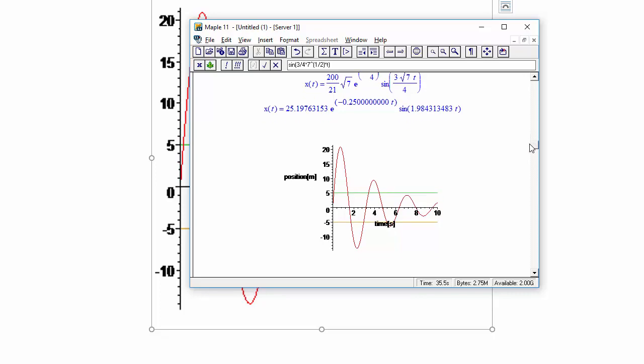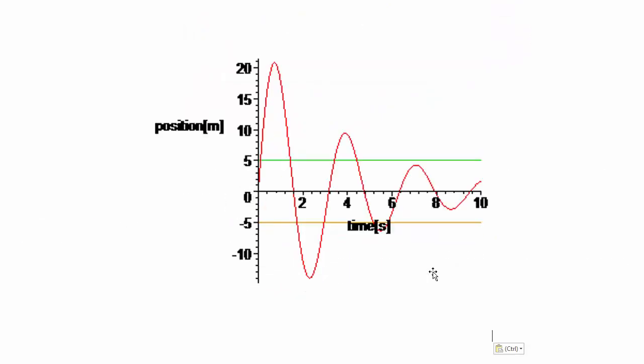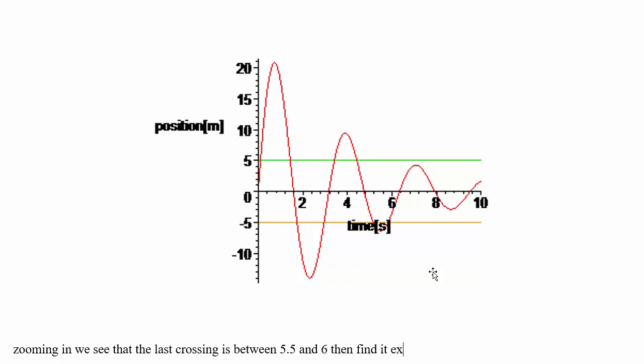So yeah, then what we want to do is say that we've got this there. We can replace that with this plot and say, zooming in, we see that the last crossing is between 5.5 and 6. So then find it exactly with fsolve.